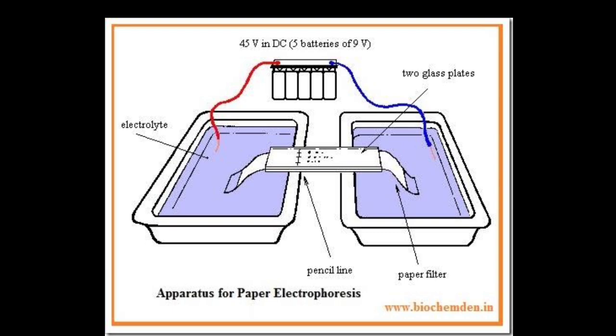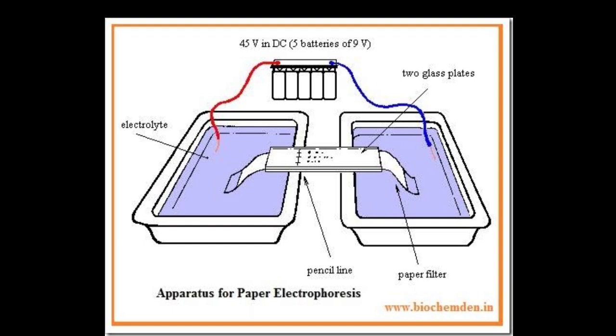Then the molecules move toward the oppositely charged electrodes and the molecules are separated, moving to the negative side. Then it will be stained and the results show either protein, nucleic acid, polysaccharide, or glycoproteins.